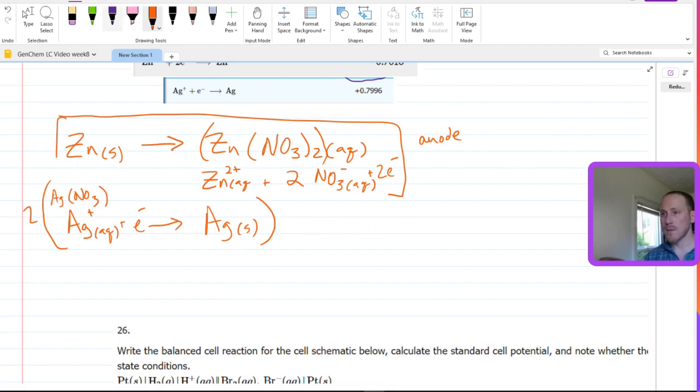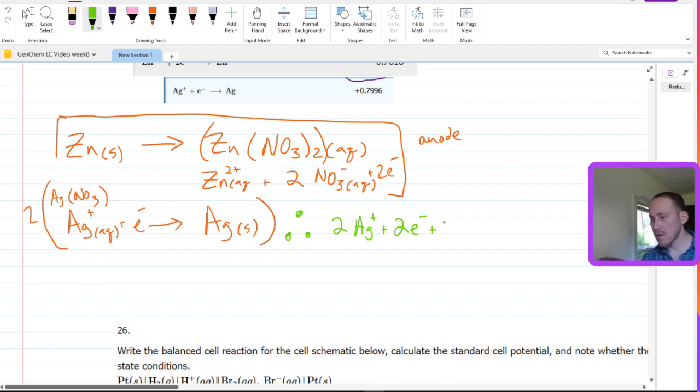to be doubled in order for the number of electrons to cancel out on both sides. So, let me change colors again. Therefore, it's going to be 2 silver pluses plus 2 electrons plus there's going to be 2 of those nitrates floating around. And we're adding that to the single zinc that, oh, and let's actually finish this side of it too.